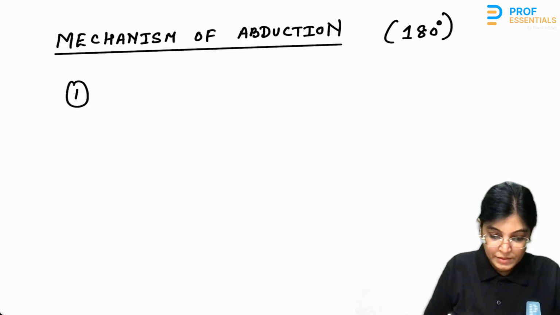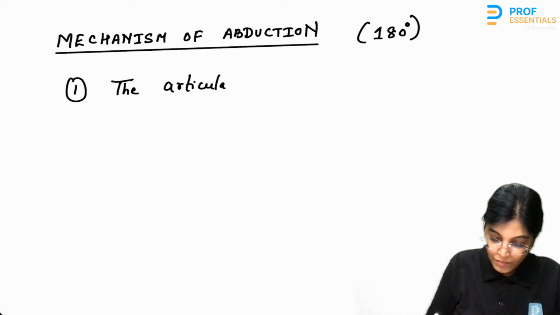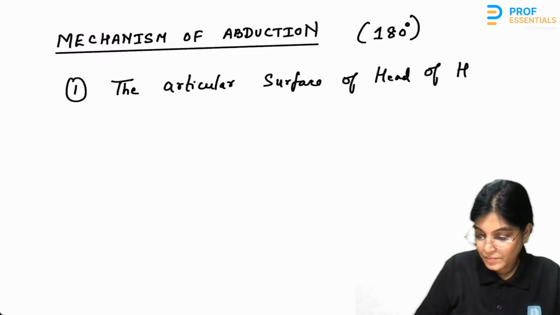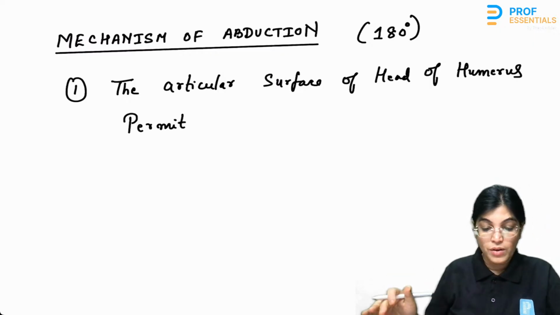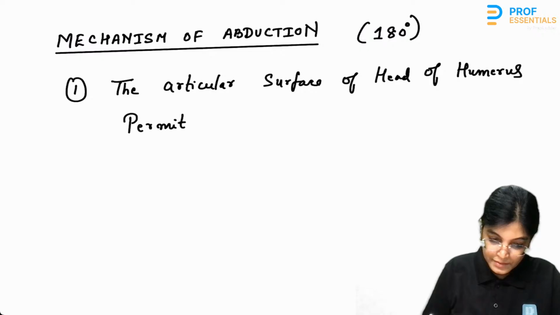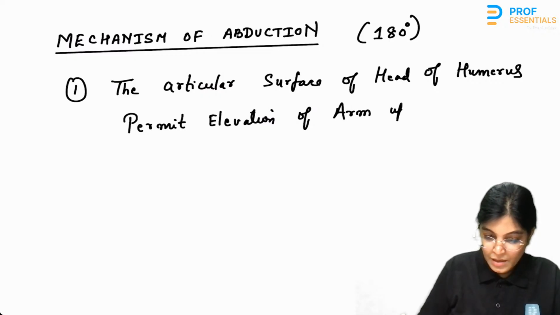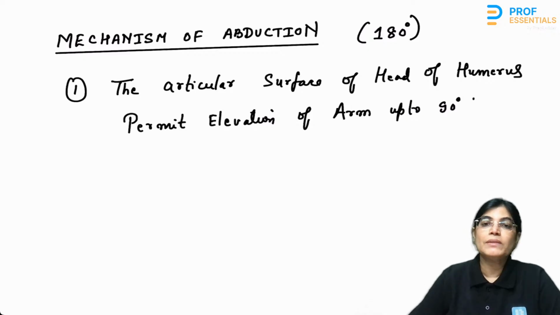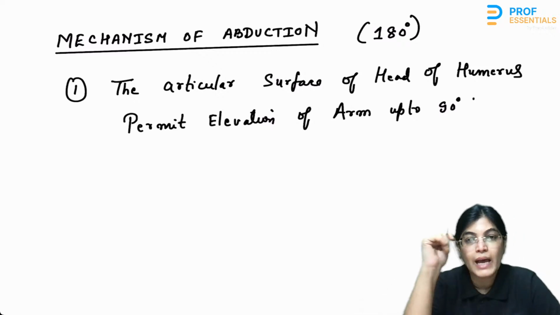So the articular surface of the head of the humerus permits the elevation of the arm only up to 90 degrees. Because if it is greater than 90 degrees, the greater tubercle will impinge under the acromial process.